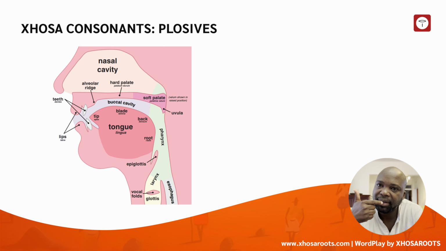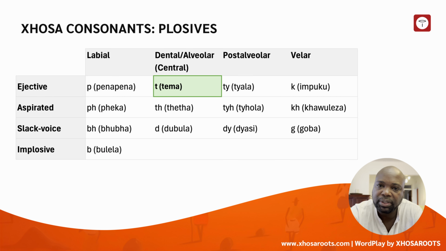So you have the teeth, then you have the alveolar ridge, and then beyond that, you have the postalveolar, and then there's the palate or the palatal region, which stretches all the way to just before the back. So with this sound, da, it's a dental alveolar sound. Your tongue is placed at the beginning of the alveolar ridge. You block the sound, da, and then you release it. An example is tema, which is to cut down a tree.